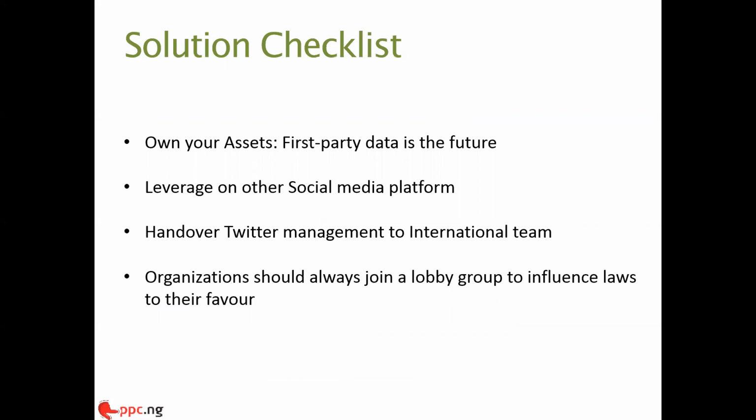First party data is the future, which means you have access to your customers' and prospects' data, and you can always reach out to them either via emails, by retargeting, or by sending them messages. That's the way to go for future occurrences.